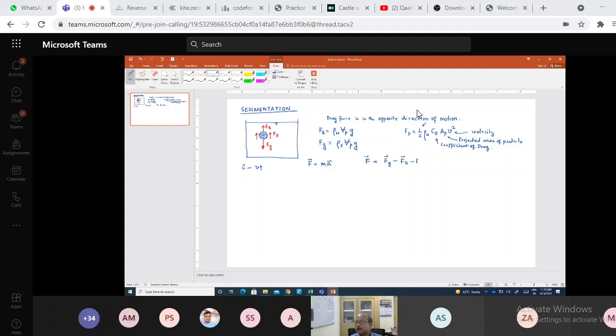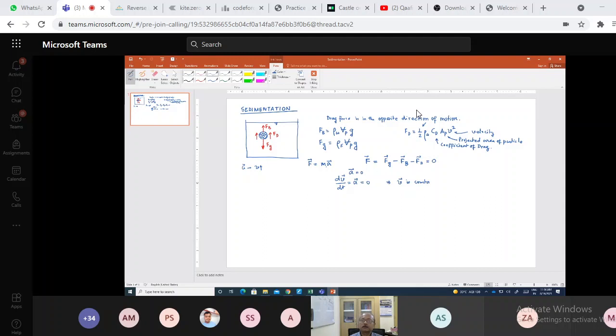So we can say that this is like a constant. There is no resultant force acting on it, which means acceleration becomes equal to 0. Acceleration is dv/dt, and this is equal to 0, so v is a constant at that particular condition.